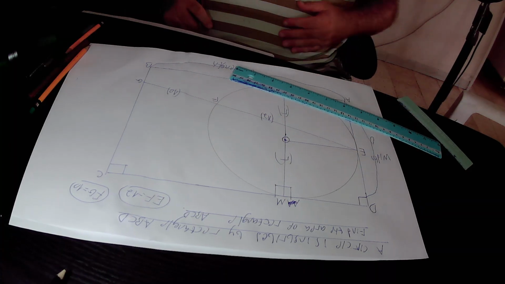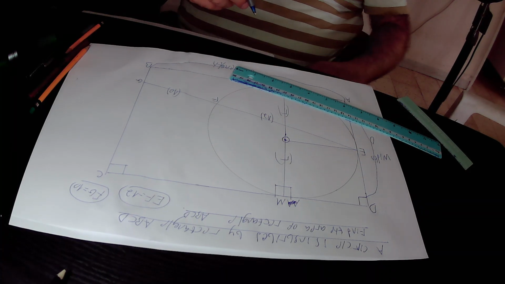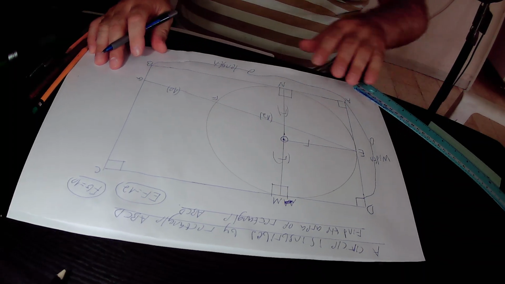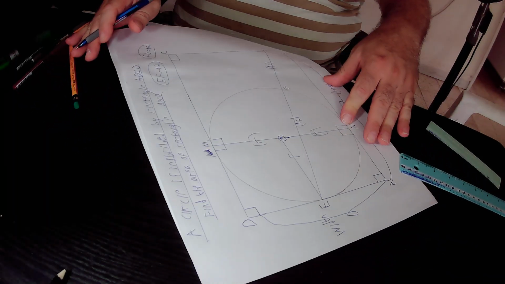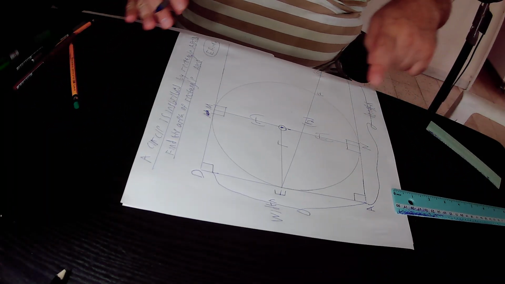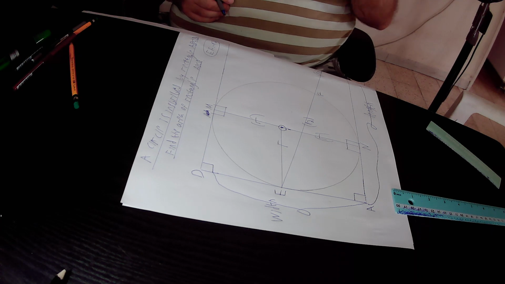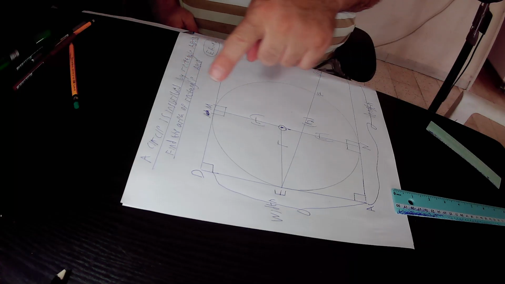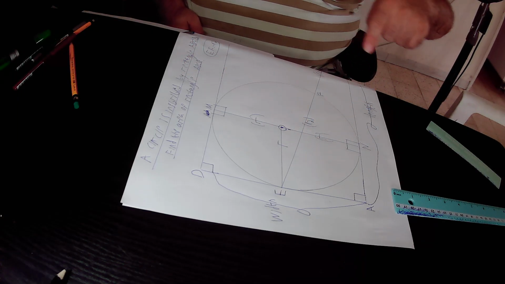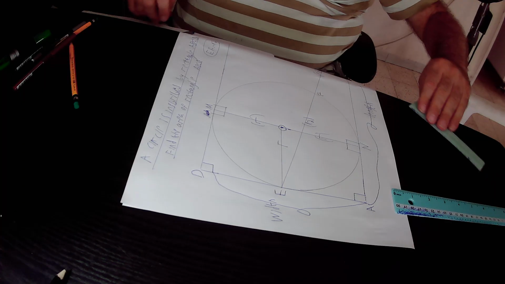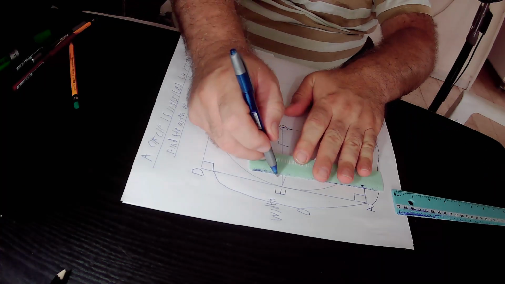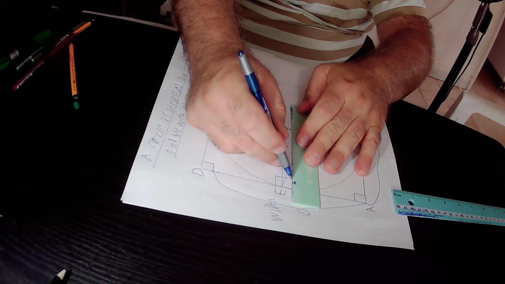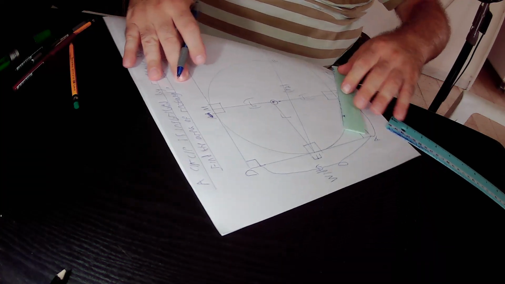OE is of course the radius of this circle that is equal to R. Again, because the radius OE is drawn to point E, that is the point of tangency of tangent AD with this circle, and whenever your radius is drawn to the point of tangency, then tangent AD will be perpendicular to the radius EO. If AD is perpendicular to EO, it means that this angle equals 90 degrees, and this angle also equals 90 degrees according to the same rule, rule 1.